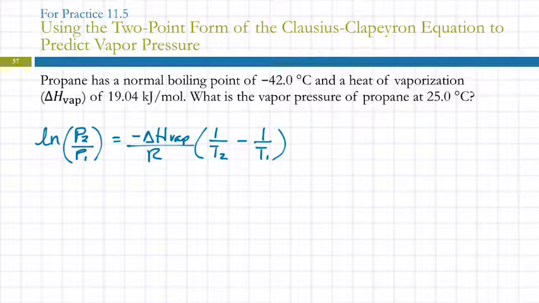So I'm going to call the vapor pressure I'm looking for P2, because then when I solve this, I'm looking for the numerator instead of the denominator, and I'm pretty sure that's going to be easier. That's what I'm looking for. That makes this T2, because those two go together, the vapor pressure at this temperature.